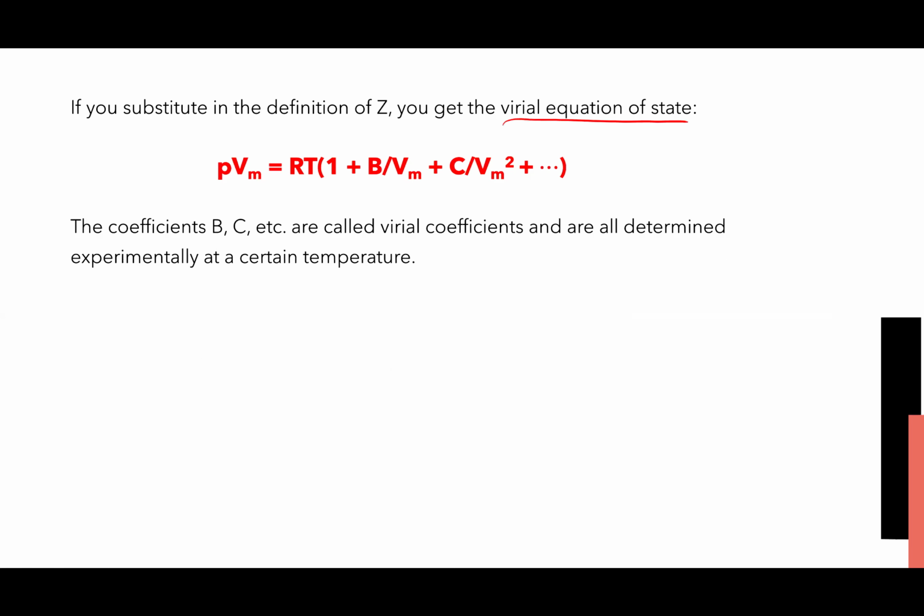There it is: pressure times molar volume equals RT times 1 plus B over Vm plus C over Vm squared, so on and so forth. All these little constants, B, C, D, are coefficients, and they're all determined experimentally at a certain temperature.